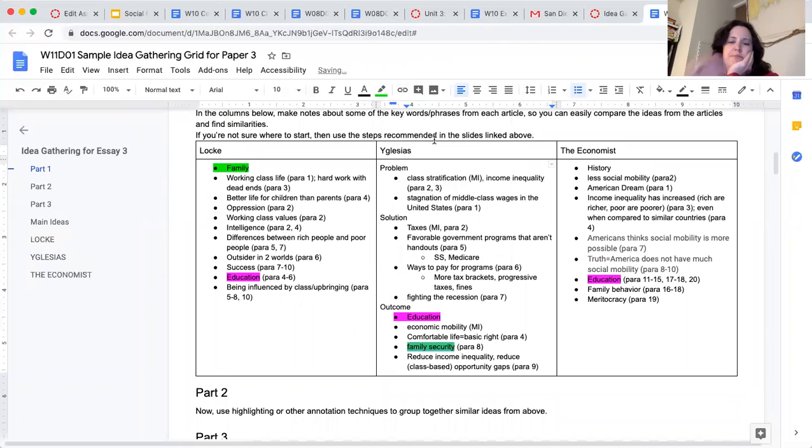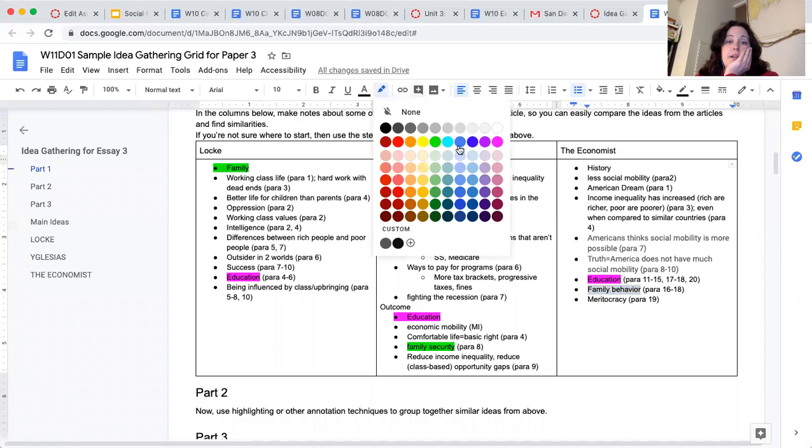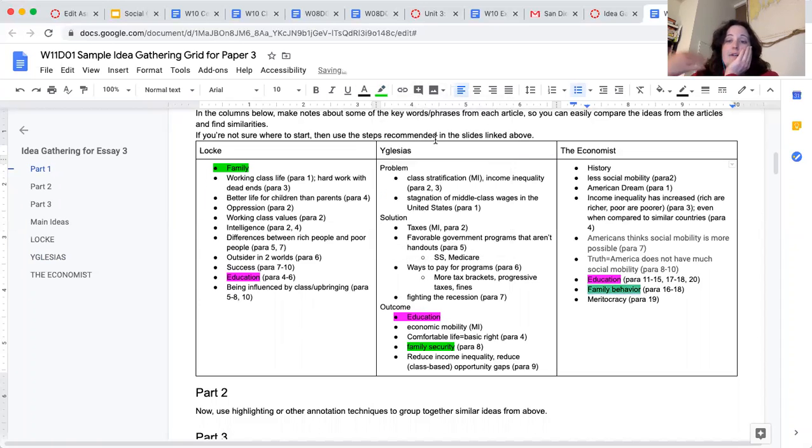It's not totally clear if that is going to work, but for now, I think that's a good place to start. And what comes up in the Economist article is definitely this idea of family behavior. So they talk about it in this article. So we've got that as a place to start.